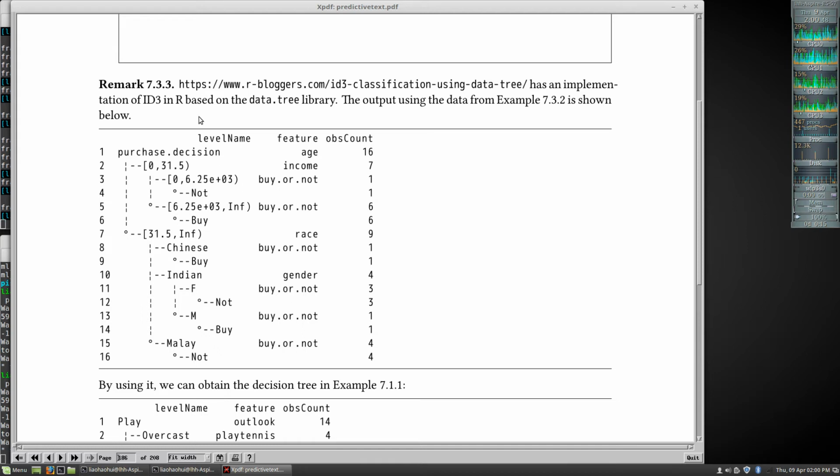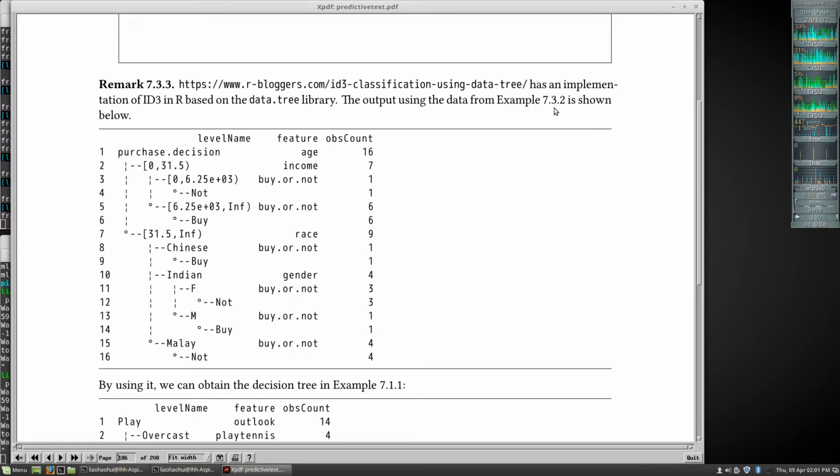For those of you who really want to see how ID3 is implemented, you can search on the internet for ID3 for classification using decision tree implementation in R. This website provides such an implementation, and we just construct the data frame and pass it to the algorithm given here.